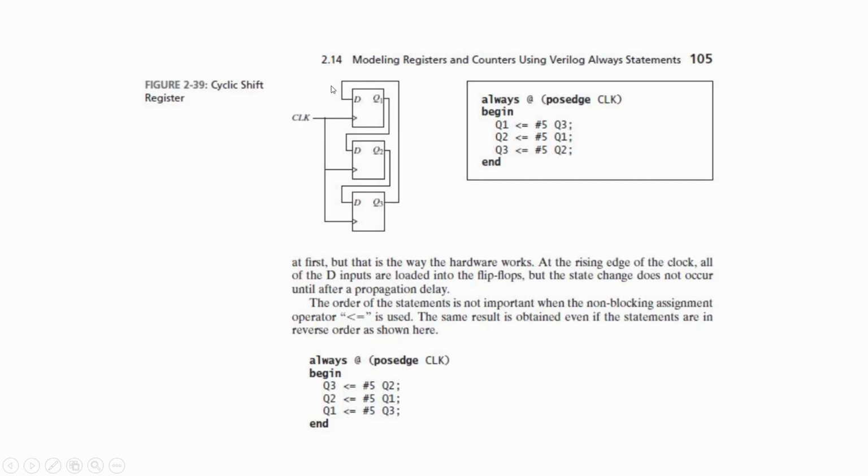Say the clock pulse is 1, and the output of the last flip flop is 1, then this Q1 will be 1, and it will be put to the next D flip flop, and this output will be 1 as well, and this output will be 1. So the data in these three registers appears the same.